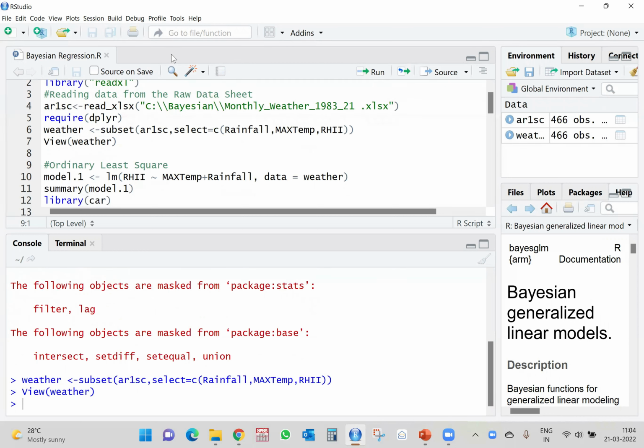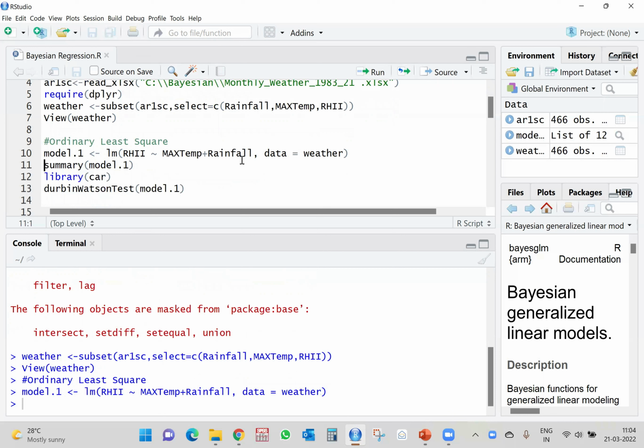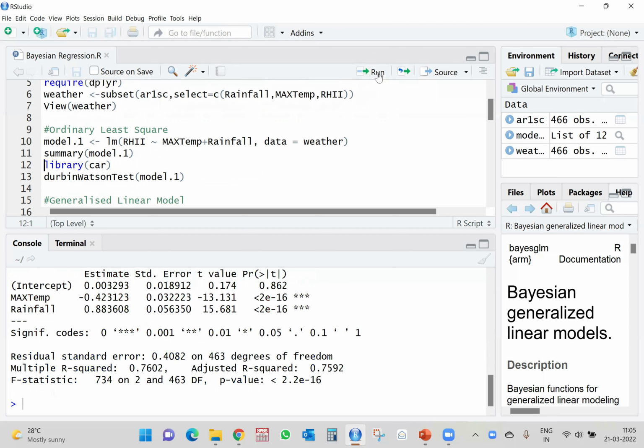So let us first execute ordinary least squares. Using the lm function, here the dependent variable is relative humidity, and the predictors are temperature and rainfall. And let us get the summary.